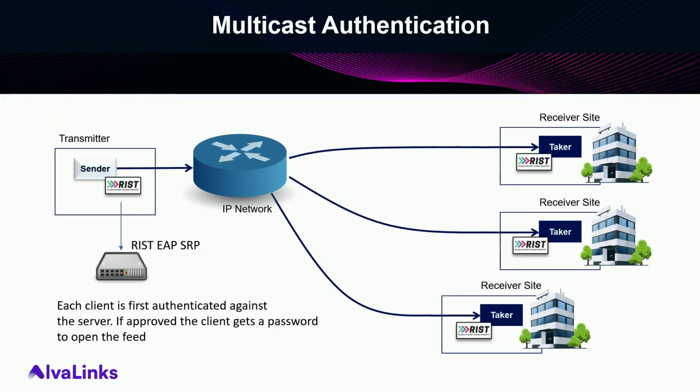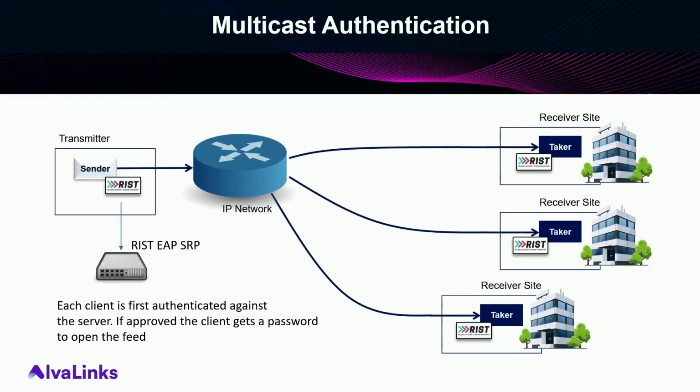We took that challenge head on and we added multicast authentication. This is the first time that something like that was introduced to the industry. This is basically similar to a DRM type of application. Each client is authenticated against the original server using a standard EAP-SRP protocol, which is standard RFC.